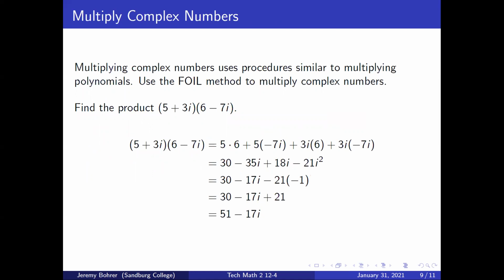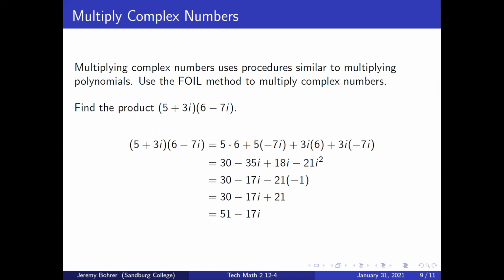Multiplying complex numbers uses procedures similar to multiplying polynomials. Use the FOIL method to multiply complex numbers. Find the product 5 plus 3i times 6 minus 7i. 5 plus 3i times 6 minus 7i equals 5 times 6, that's the first parts, plus 5 times negative 7i, that's the outer parts, plus 3i times 6, that's the inner parts, plus 3i times negative 7i, which is the last parts.